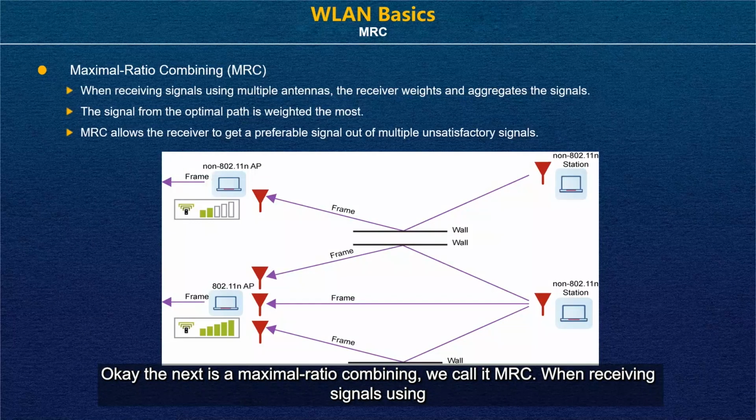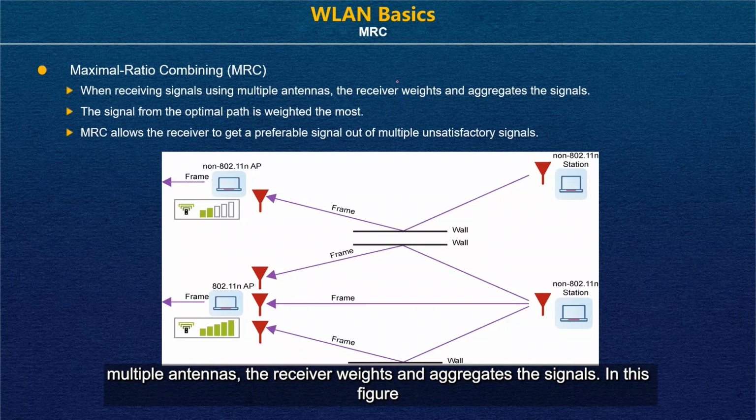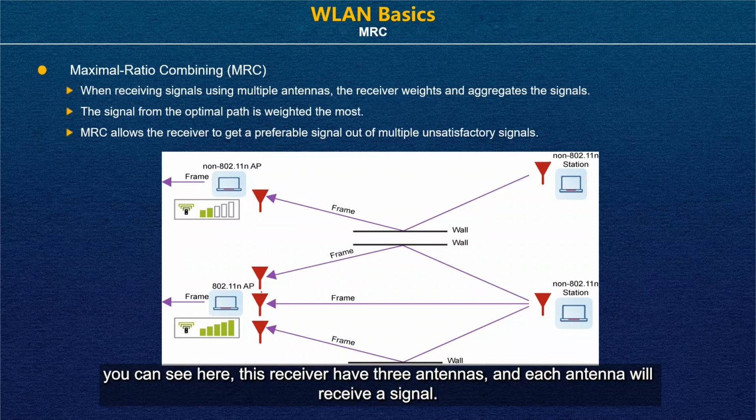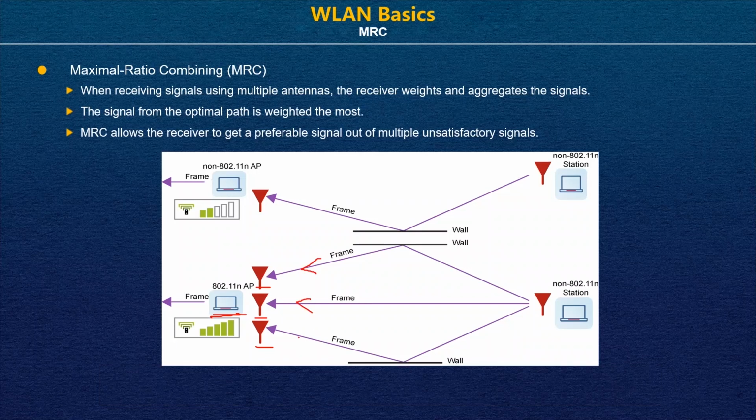Okay, the next is maximal ratio combining. We call it MRC. When receiving signals using multiple antennas, the receiver weighs and aggregates the signal. In this figure, you can see here, this receiver has 3 antennas, right? And each antenna will receive a signal.